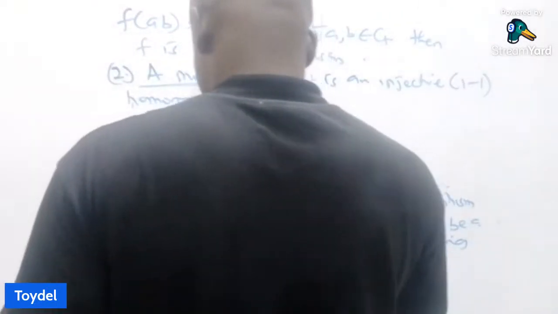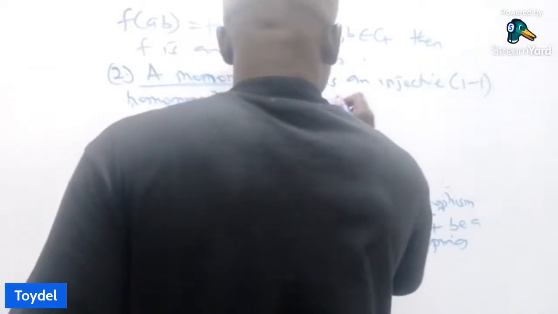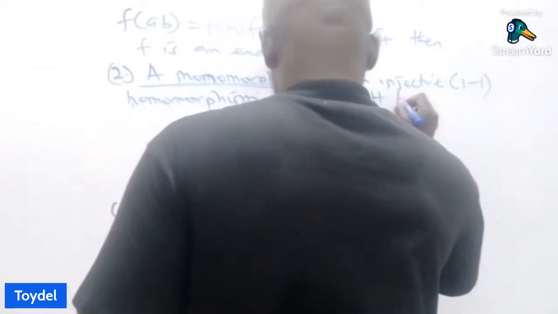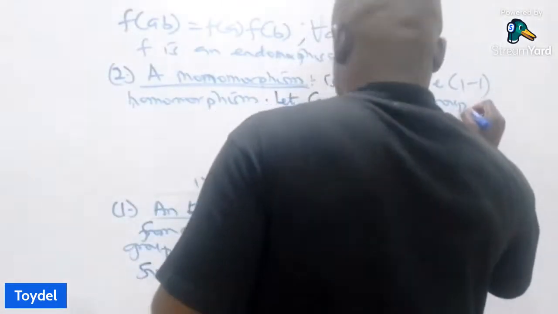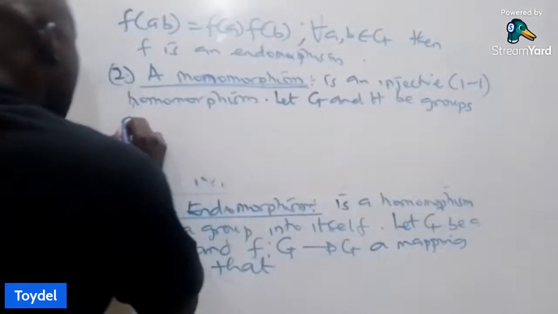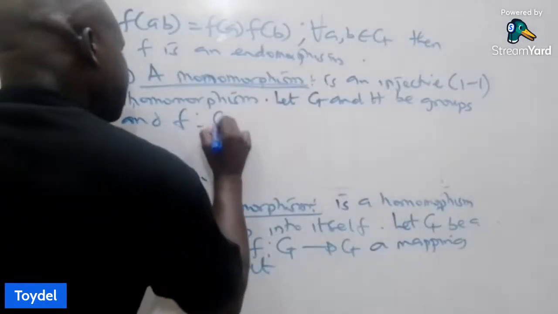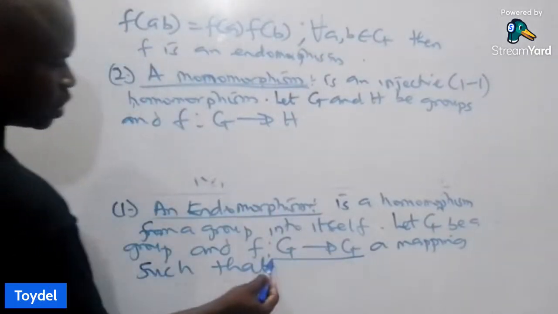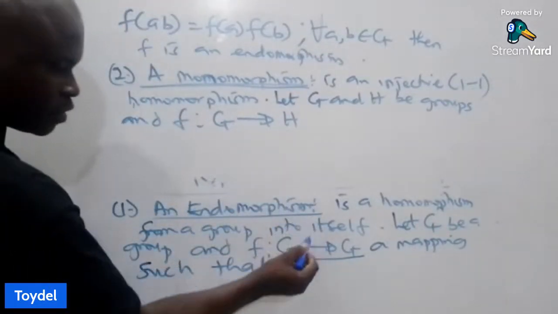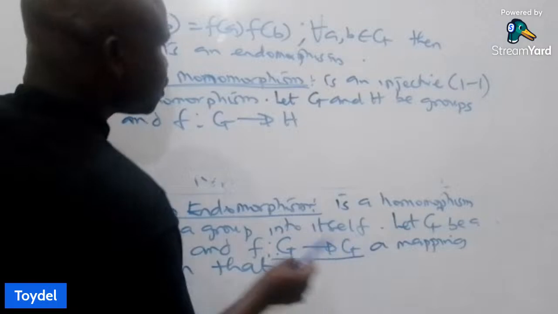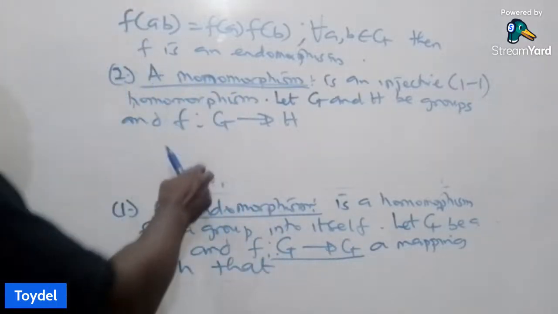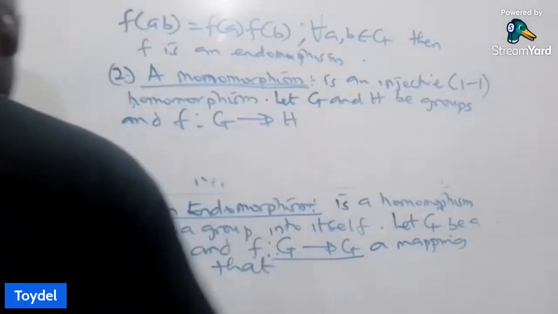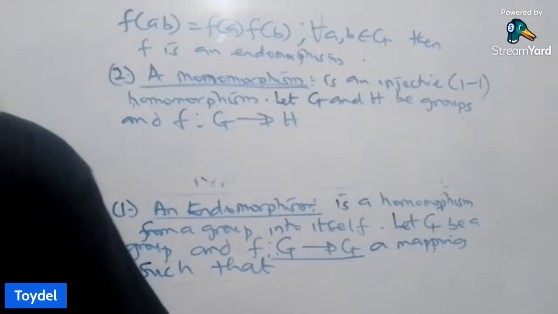Then I want to explain further now. We say let G and H be groups, and F such that it takes an element from G to H. Look at, in this case, we have G to G under endomorphism, group into itself. But under monomorphism it is from G to another group, H. So that's what we have.